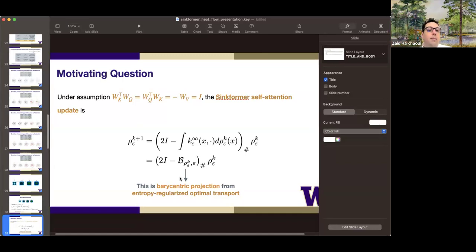The push-forward map that takes rho epsilon k onto rho epsilon k plus 1 is going to be related to what people have designated in the literature as a barycentric projection. So this barycentric projection is what encodes a push-forward map from rho epsilon k onto rho epsilon k plus 1. And the barycentric projection can be obtained by solving an entropy-regularized optimal transport problem.